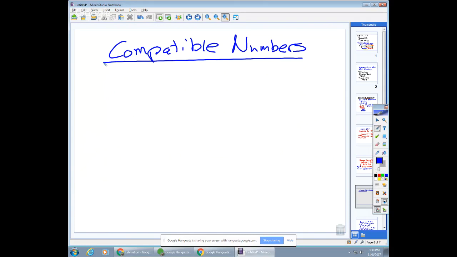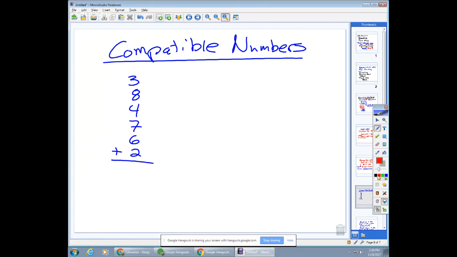So compatible numbers are just numbers that work well together. So if I'm adding a bunch of numbers like 3, 8, 4, 7, 6, 2, with compatible numbers, we just look for numbers that work well together.